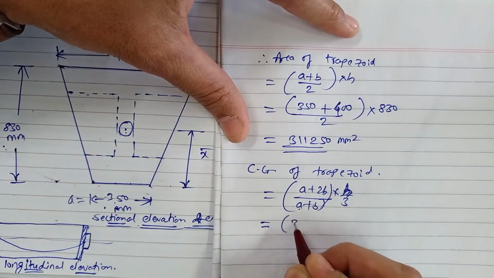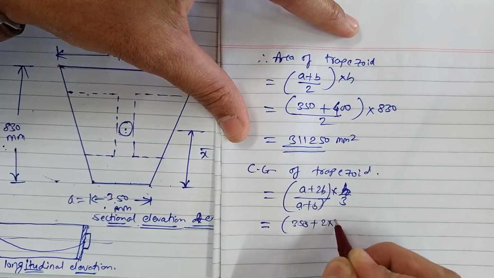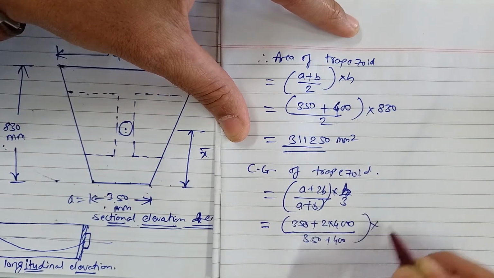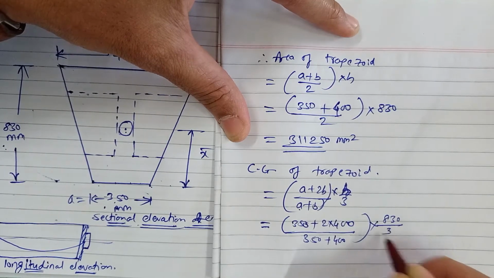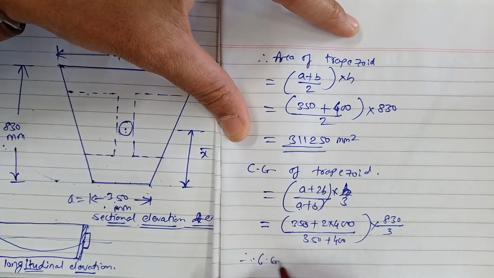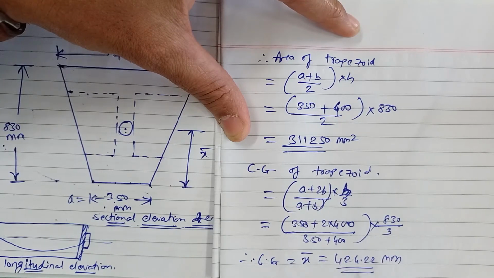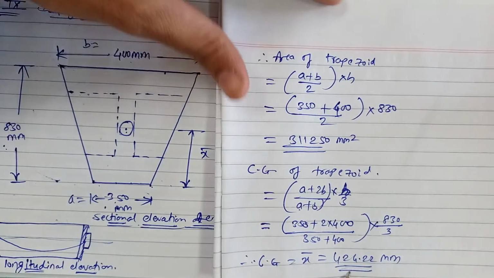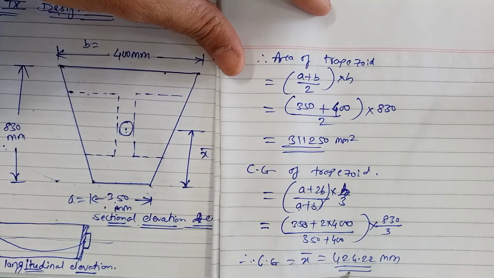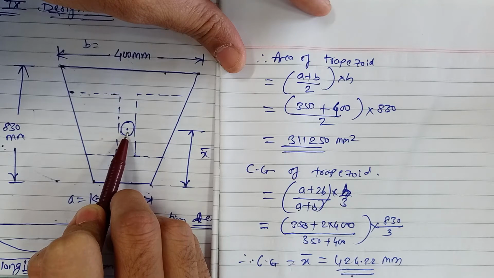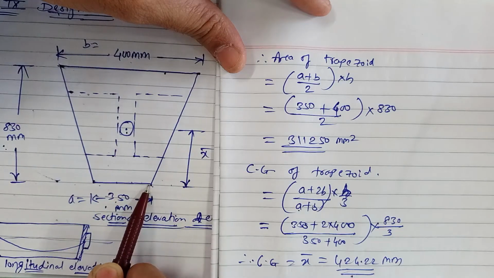Substituting all these values, a is 350, b is 400, divided by 350 plus 400 into h, the overall depth, divided by 3. Hence we get CG, x bar, equal to 424.22 mm. Now what does this x bar suggest? This x bar is nothing but the CG of the cable measured from the bottom extreme fiber.